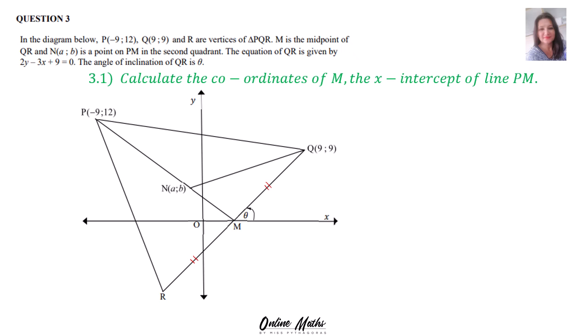The equation of QR is given by 2y - 3x + 9 = 0, and the angle of inclination of QR is theta.